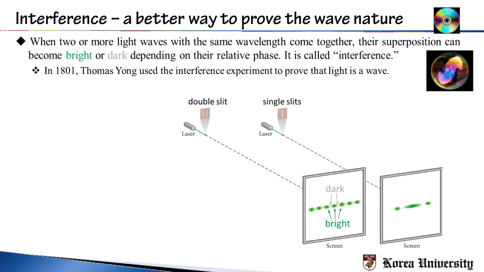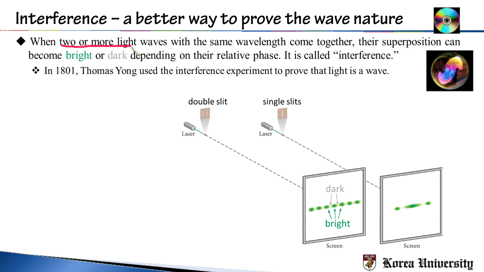We just learned that diffraction is a good way to prove wave nature. In fact, there is another, better way to prove the wave nature of light, or of any waves. It is called interference.